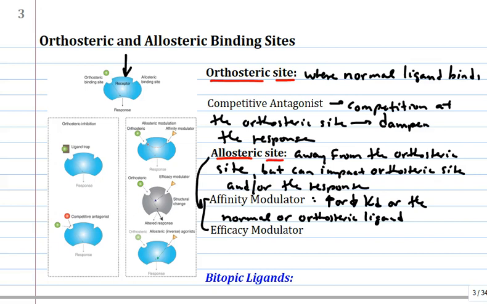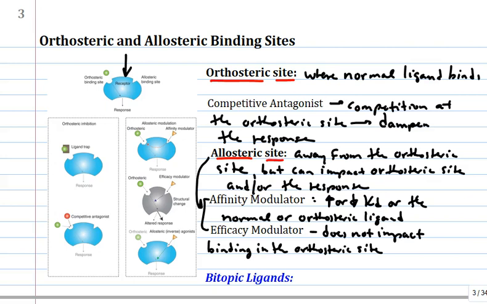So it does not impact binding in the orthosteric site.